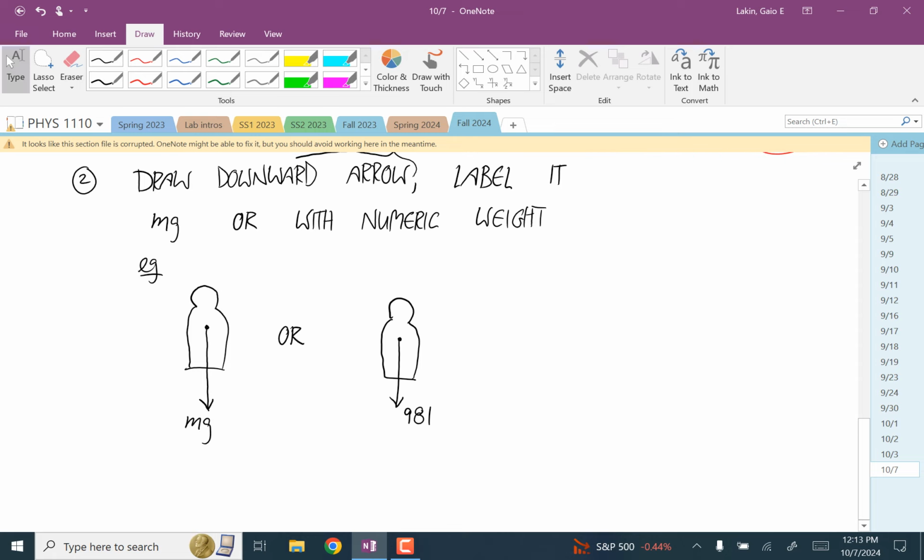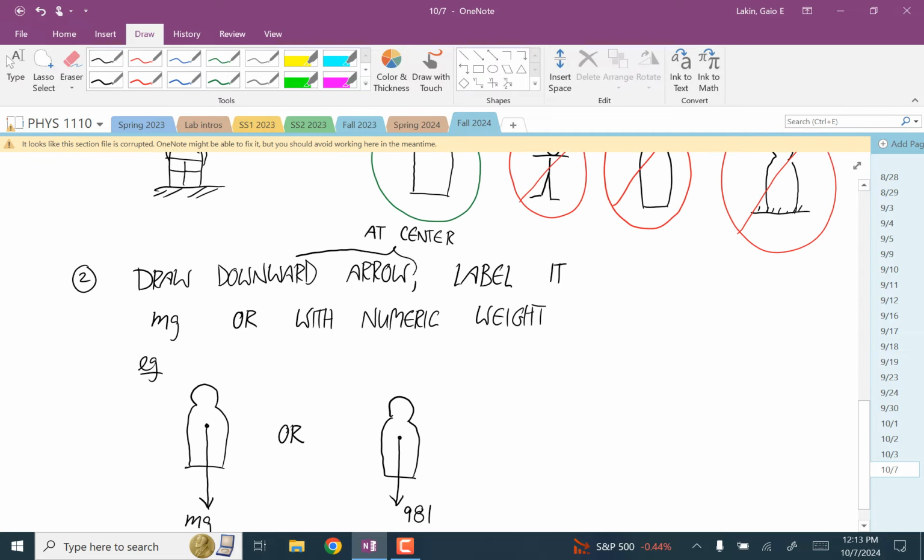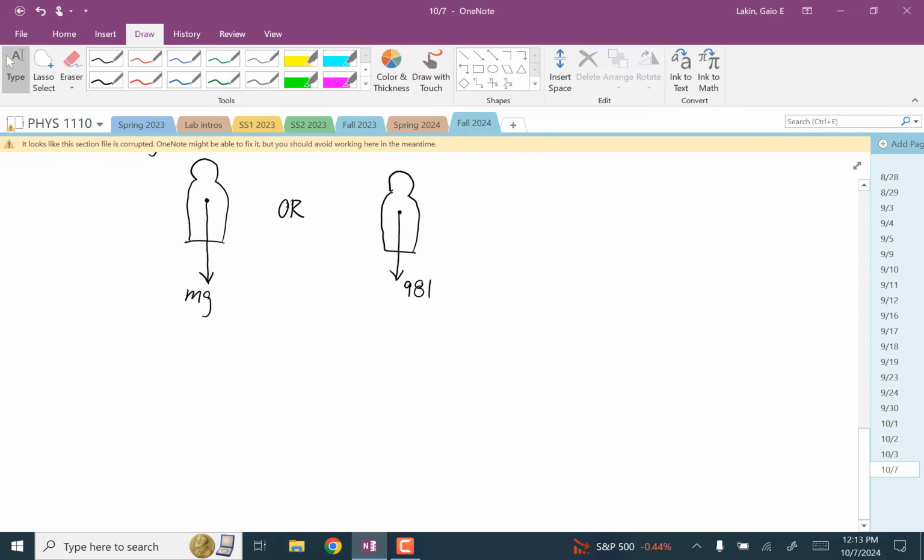And now that you have your free body and you have the weight force, the only other forces that are going to show up are these contact forces. So all you have to do now is identify the places where the surroundings make contact with the boundary and then deal with those forces here.